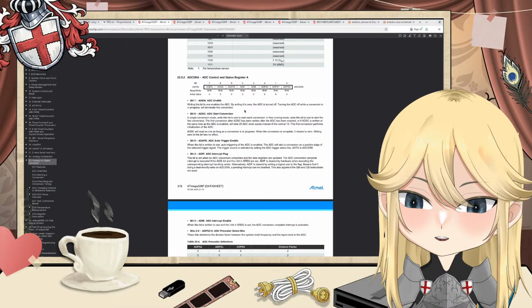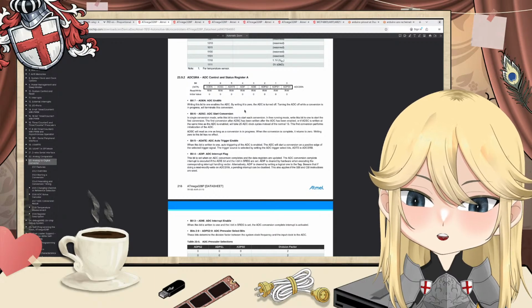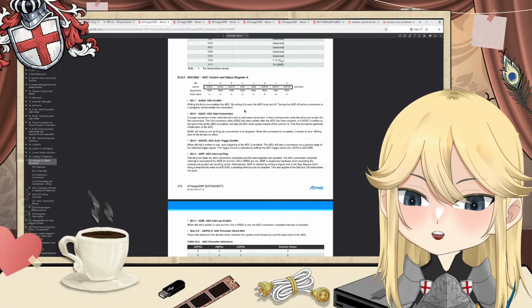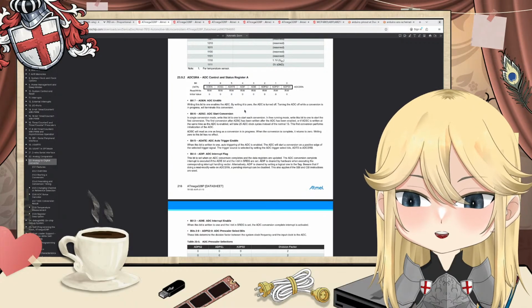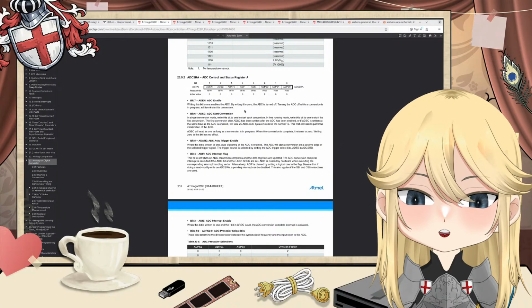The first conversion after ADSC has been written, after the ADC has been enabled, or if ADSC is written at the same time as the ADC is enabled, will take 25 ADC clock cycles instead of the normal 13.